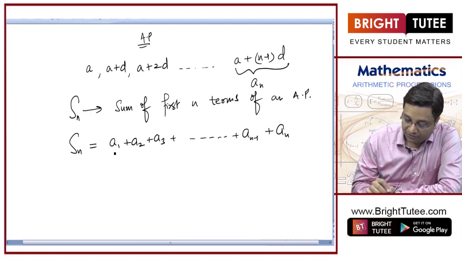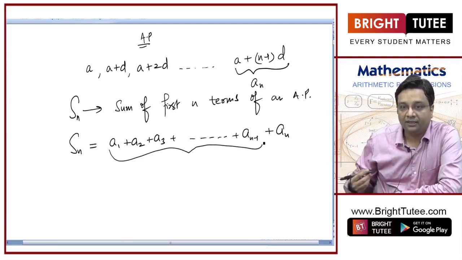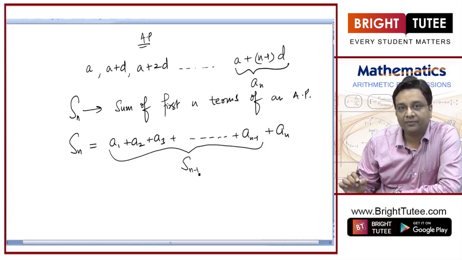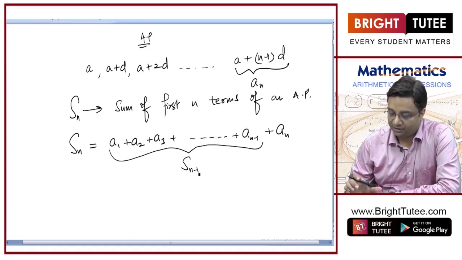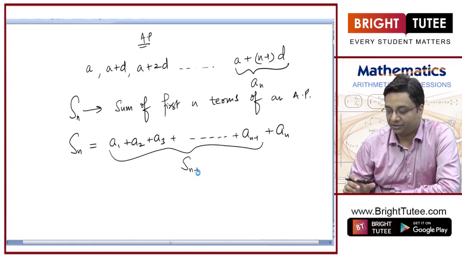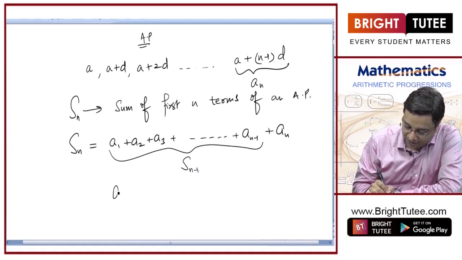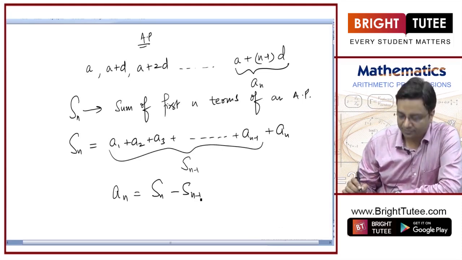If you notice, if this is the sum of n terms of an AP, what will this sum up to a(n minus 1) be equal to? This sum will be equal to S(n minus 1), right? It is pretty obvious that this is the sum of n minus 1 terms of an AP. So now an will be equal to Sn minus S(n minus 1), right?